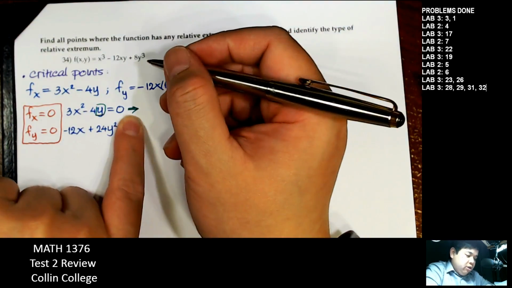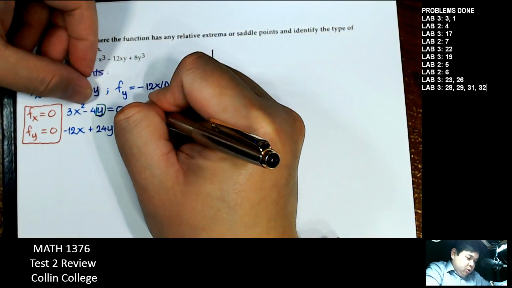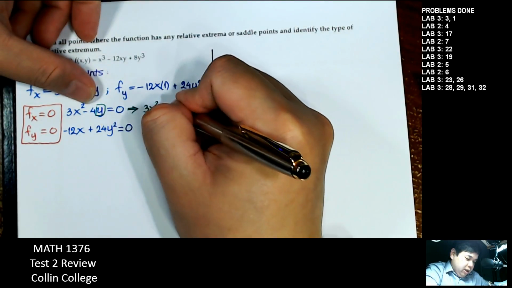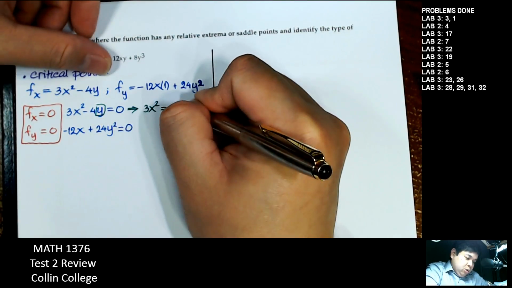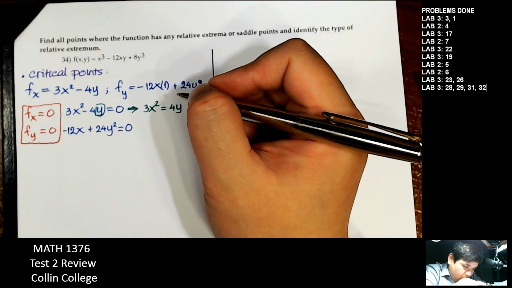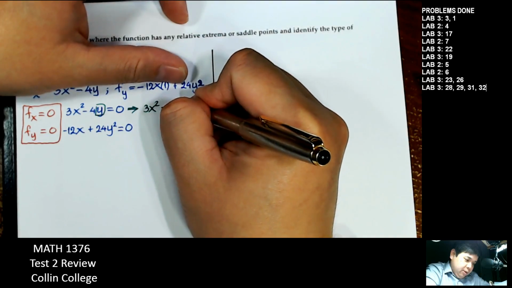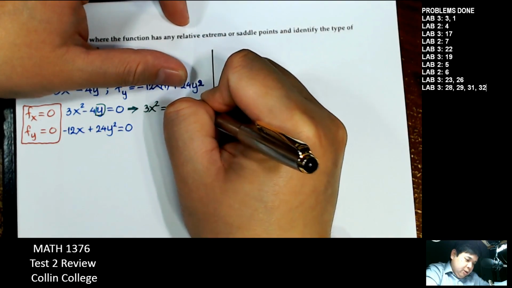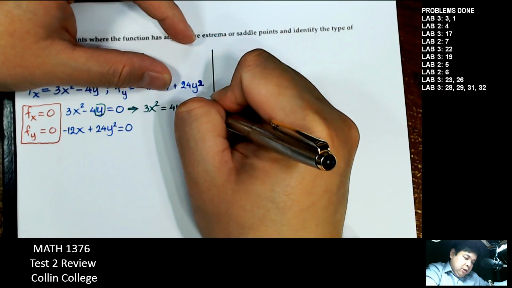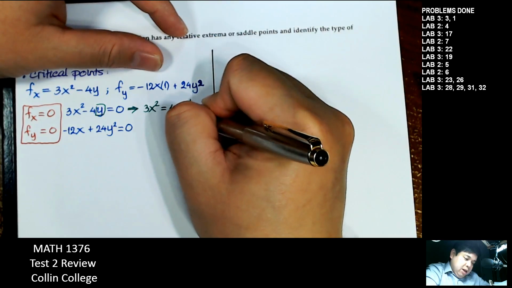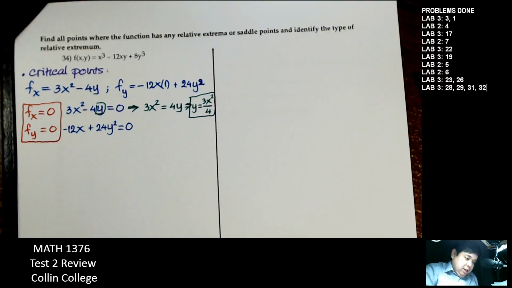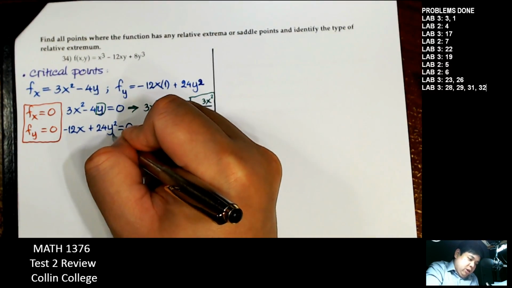I move the 4y to the other side, so I have 3x squared equal to 4y. So y will be equal to 3x squared over 4. Keep that in mind.